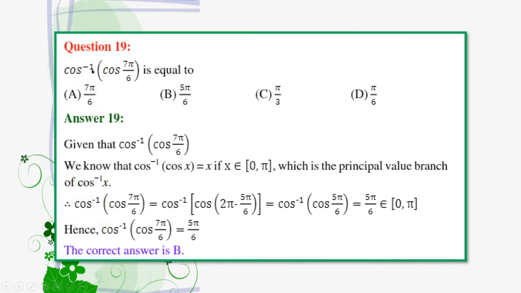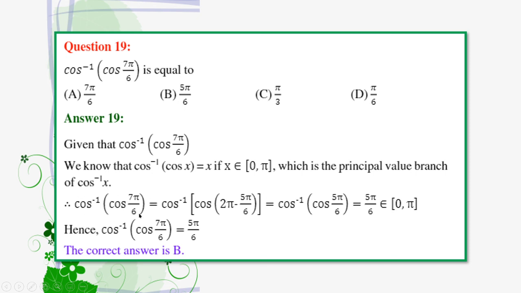19th question. Cos inverse cos 7 pi by 6 is equal to what? We know that cos inverse cos x gives us x if x belongs to 0 to pi in closed interval, which is the principal value branch of cos inverse x.